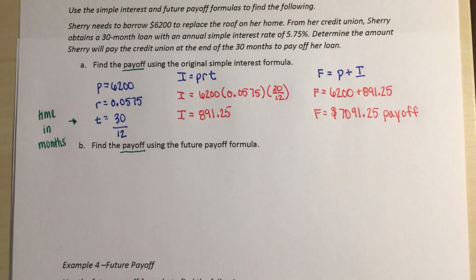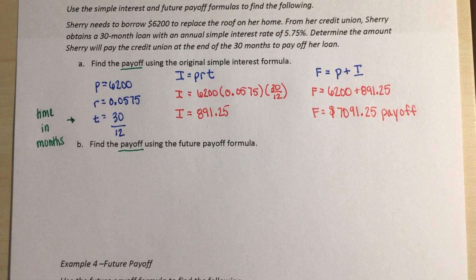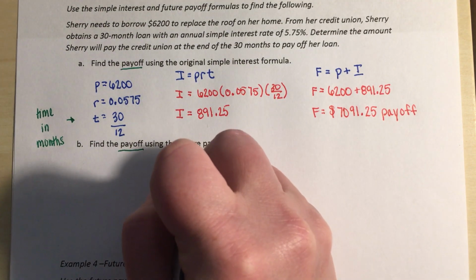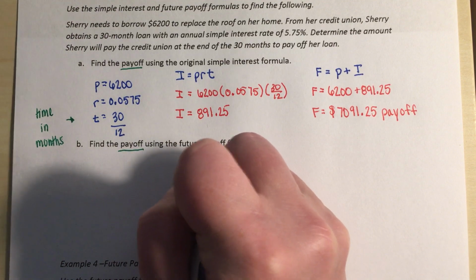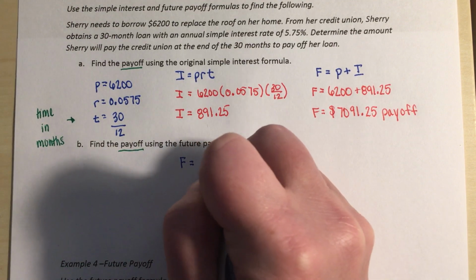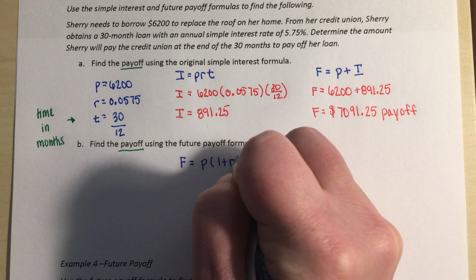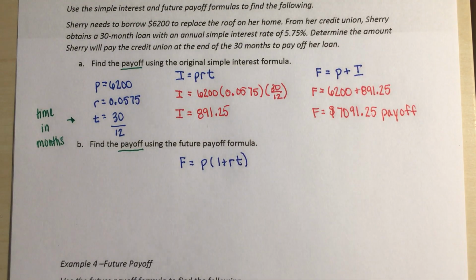We do have another alternate way. Remember, on the previous page of our notes, we had a couple of different formulas for our future payoff. One of them was F equals P times 1 plus RT. It's still going to be the same information and the same things that we're going to plug in.